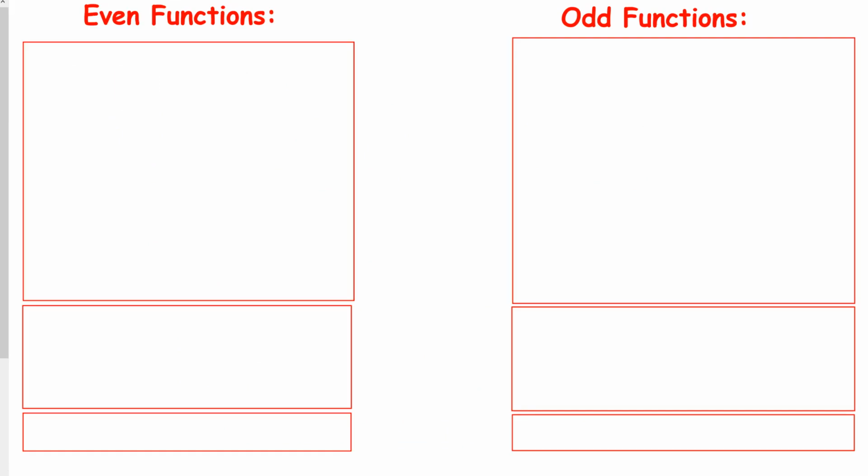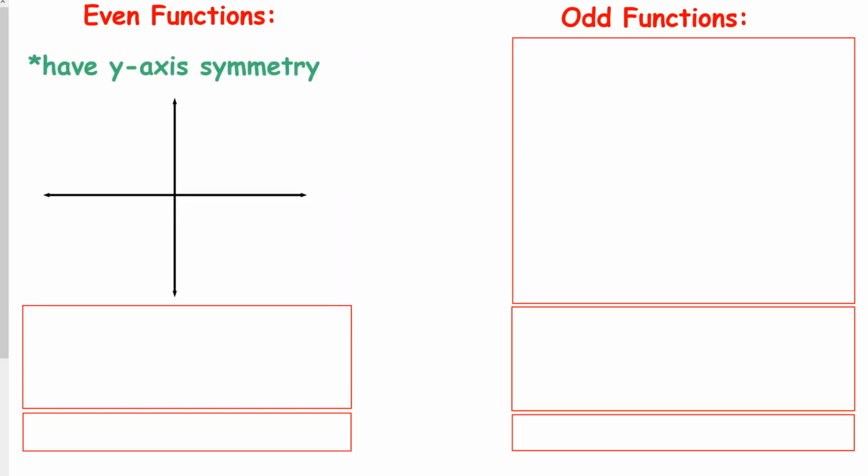Okay, now we're going to define even functions and odd functions. Some functions are not even or odd. Some functions are neither. So we have 3 categories: even, odd, and neither. Even functions have y-axis symmetry. So if we were to draw a simple example, it could just be your basic parabola.